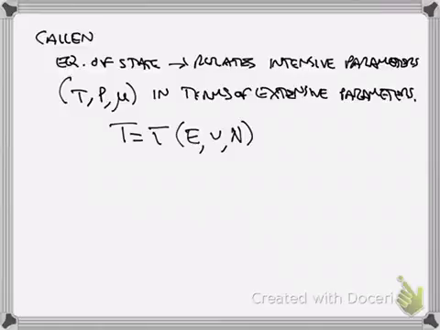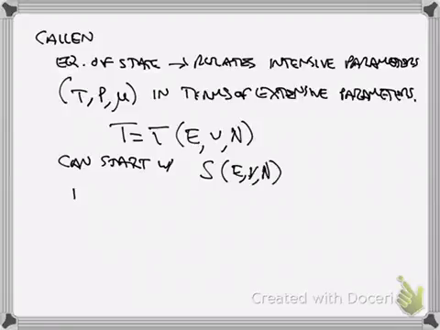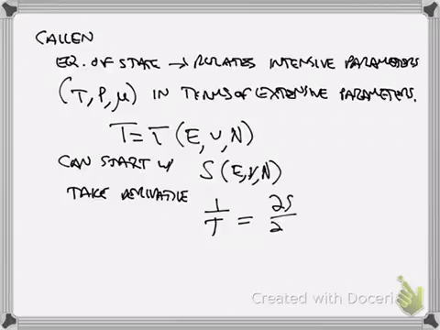So remember, if we start with the entropy S of E, V, and N, and take a derivative, we can say that 1 over T is partial S, partial E at constant V and N. So actually doing this, if I had an actual expression here and I inverted this and found T, that would give me what Callen calls an equation of state.